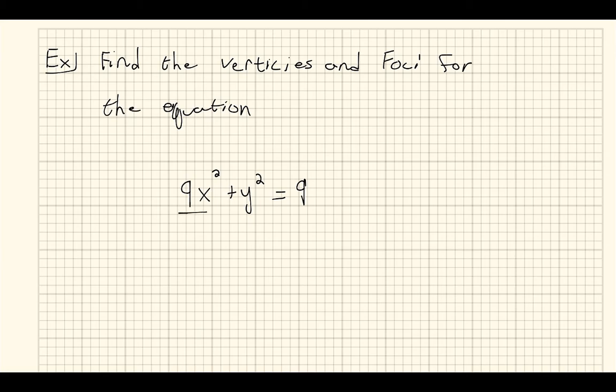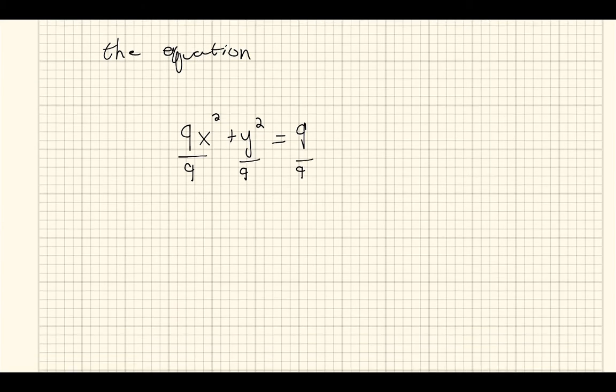So divide everything by 9. That's going to give me x squared plus y squared over 9 is equal to 1.